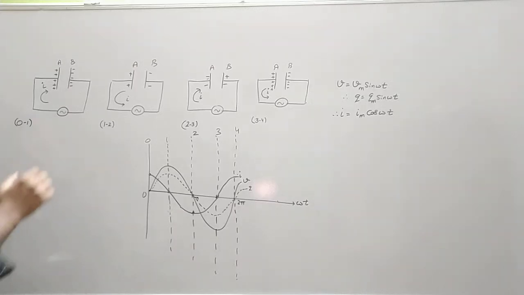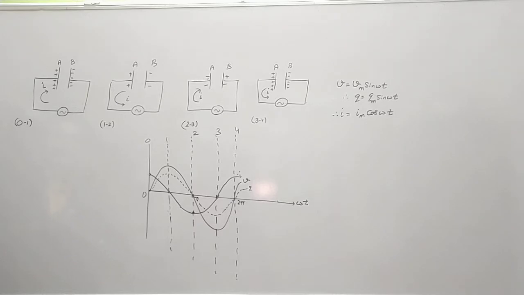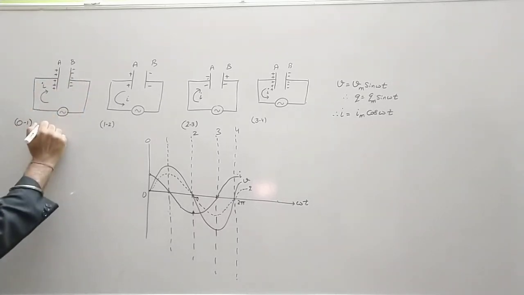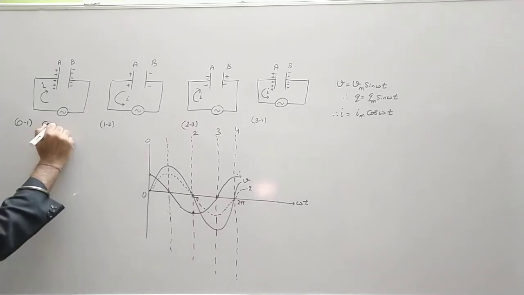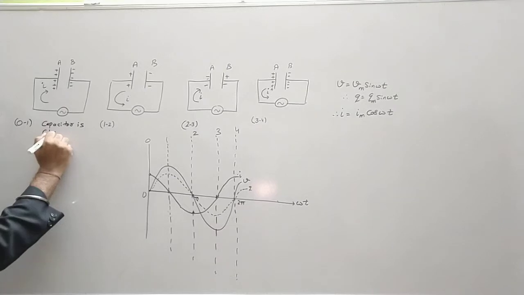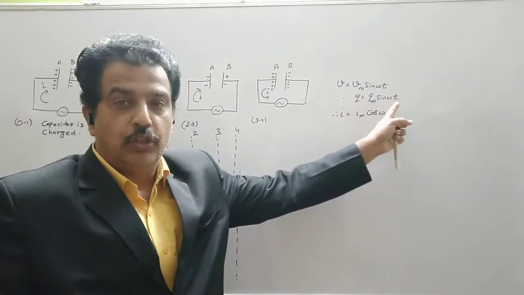That is, the electric field is being established, A is positively charged, B is negatively charged. The capacitor is charged in this interval because Q is a function of sine.